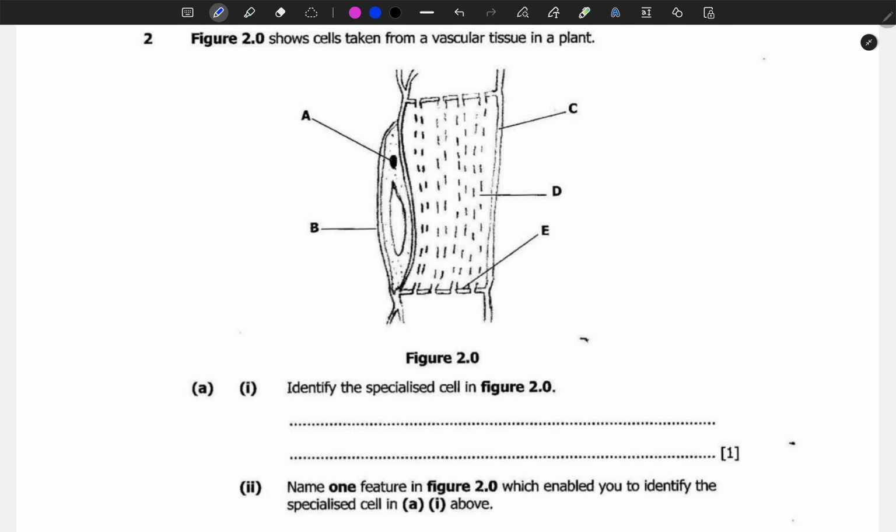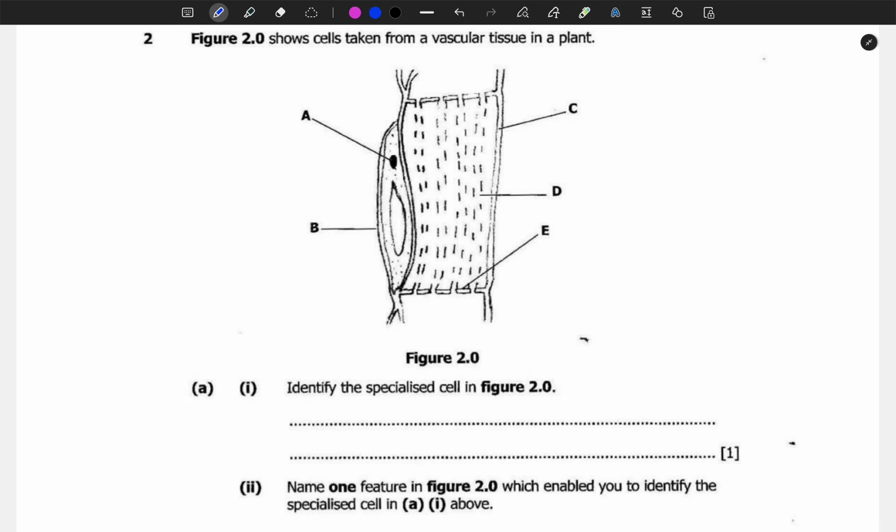Okay, so we have our second question, also under the same transportation system. We are told figure 2.0 shows cells taken from a vascular tissue in a plant. To remind you, the system responsible for transportation in plants is called the vascular system, consisting of the vascular bundle.